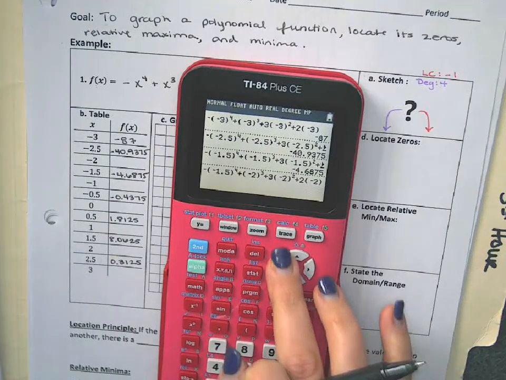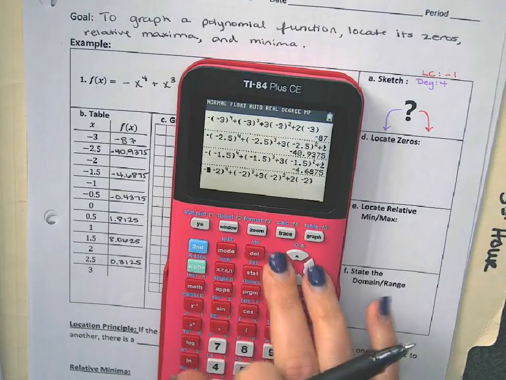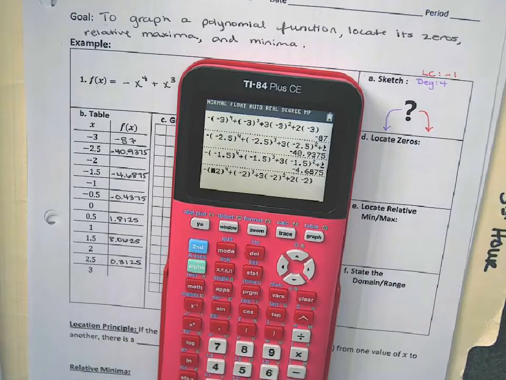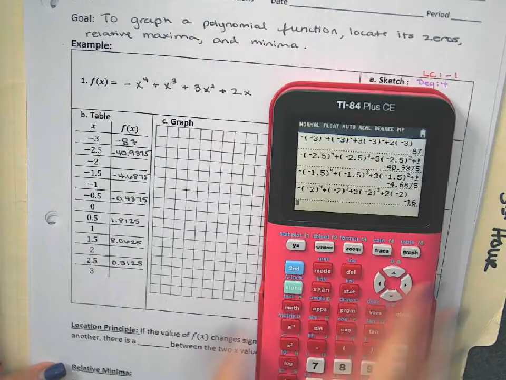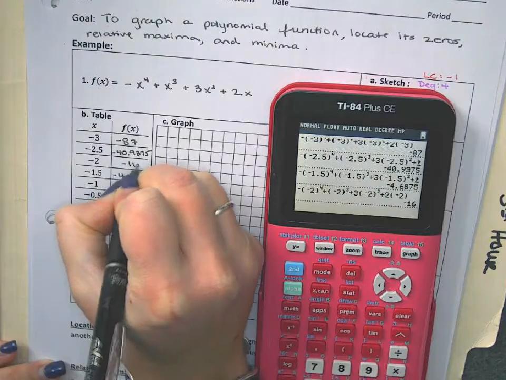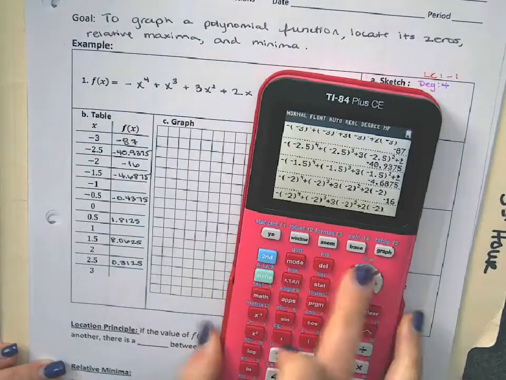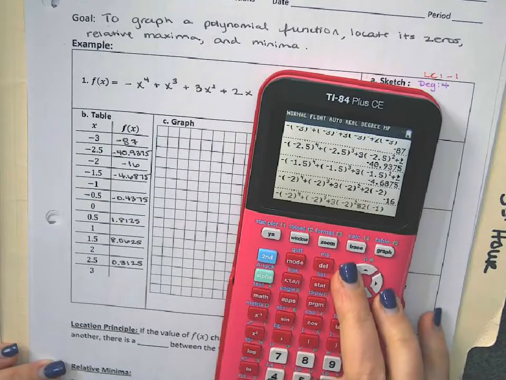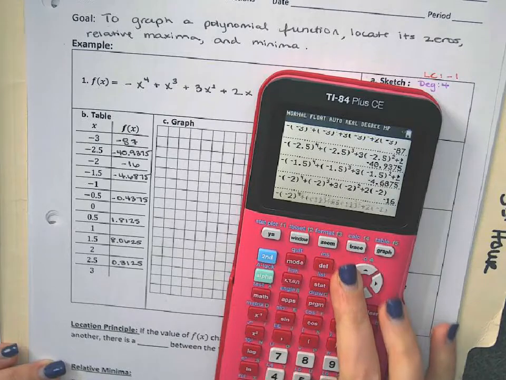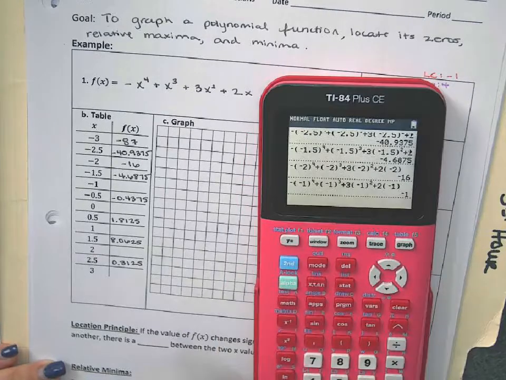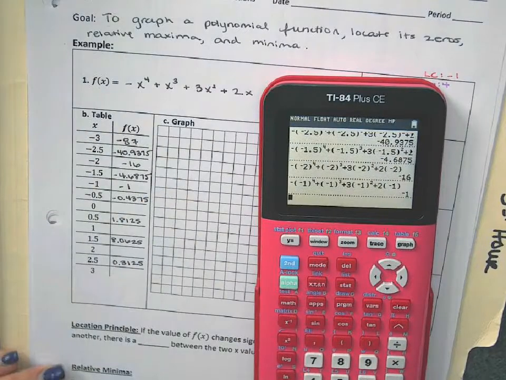I like to reuse what I already typed in. So I'll make sure I have -2 on all those, hit enter. So this one's -16. Second enter, I'm going to change -2s to -1s. So go ahead and pause and find all the rest of them.